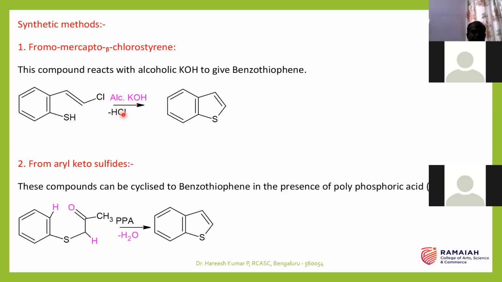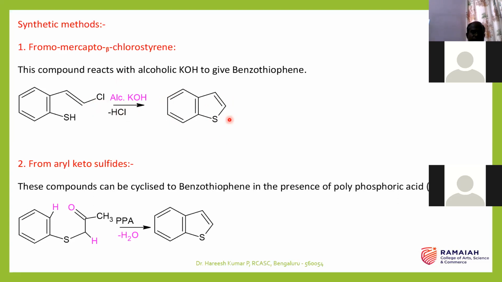So HCl is lost, forming benzothiophene. This is one method of preparation of benzothiophene. Benzothiophene can be obtained starting with the mercaptovinyl chloride analog of benzene when it is treated with alcoholic KOH.